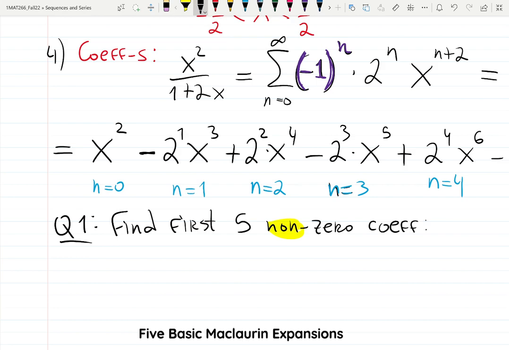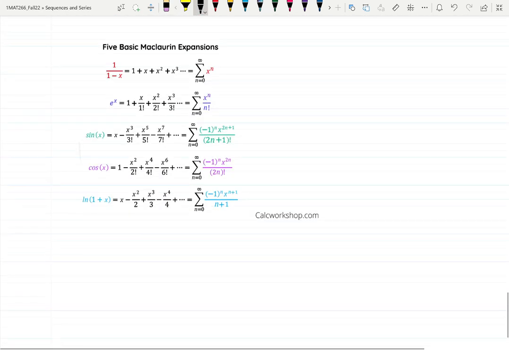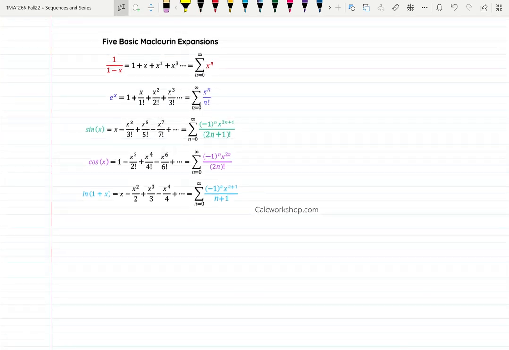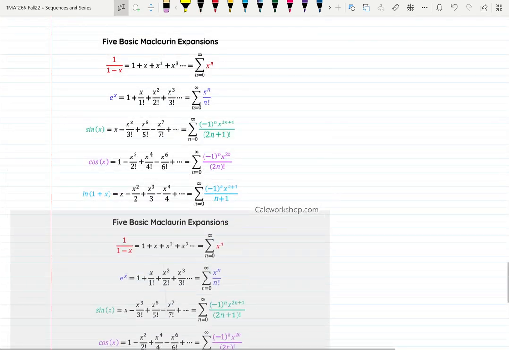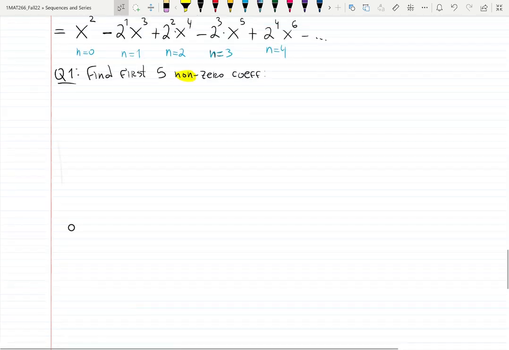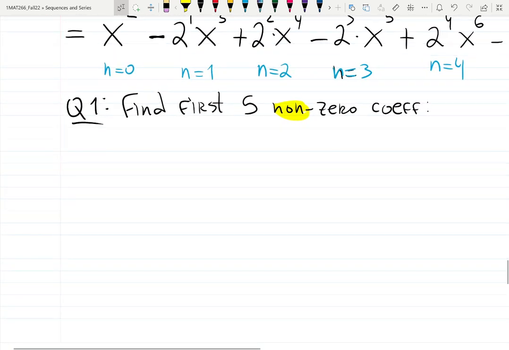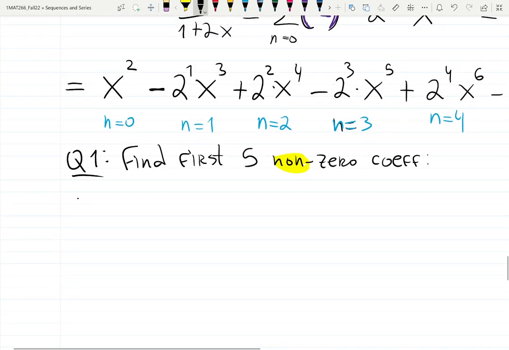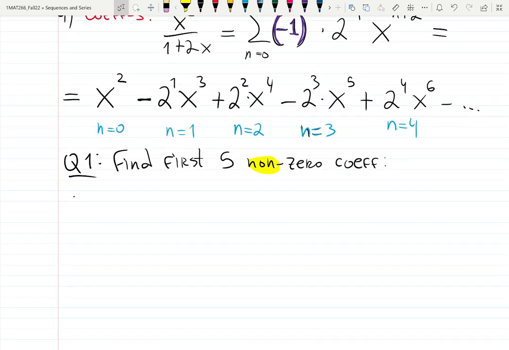Then the answer will be, again, we will need this, so I don't want to delete it. Now, non-zero, let's review what it means. Let me show you again.